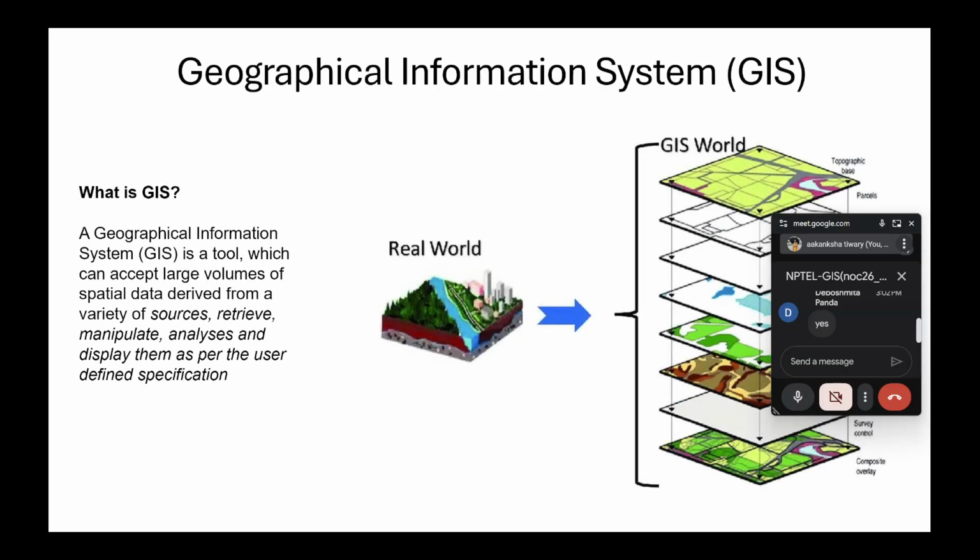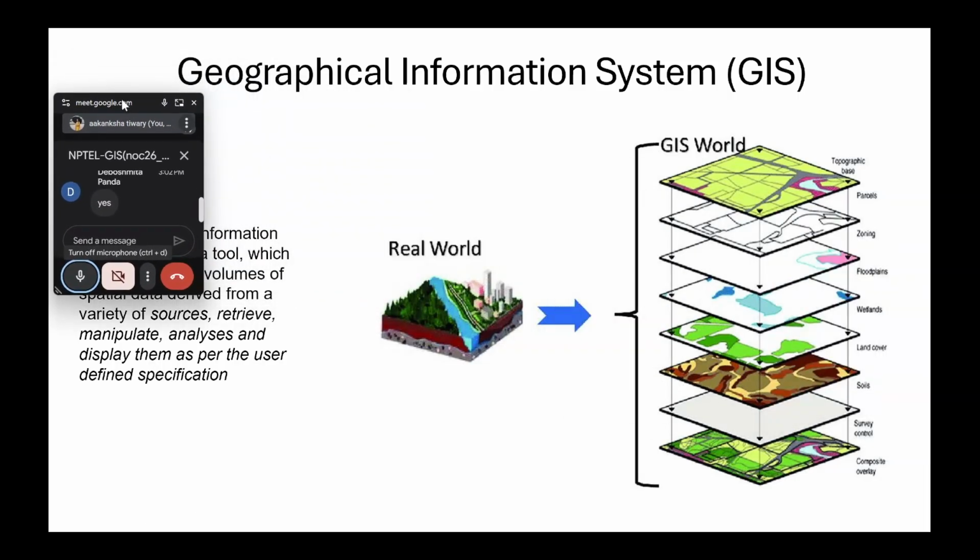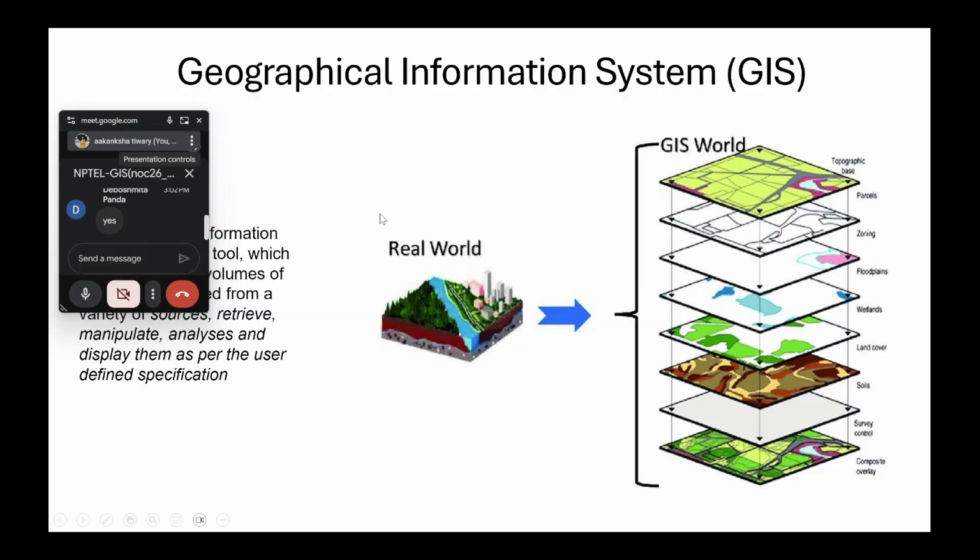In geographic information system, we extract information of the real world and then make different layers of the GIS world. So this is the real world, this is the GIS world. The real world is very complex, but we want to see the pattern of a specific property like topography or soil properties.